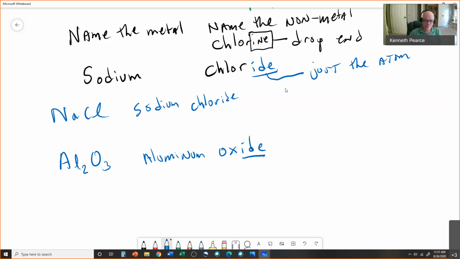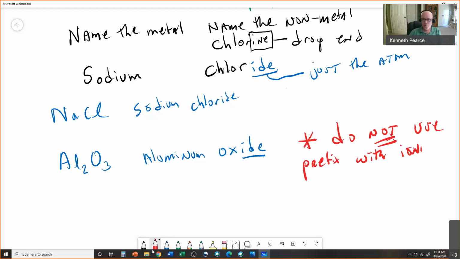Now note, do not use prefixes with ionics. In other words, this is not dialuminum trioxide. No dis and tris and tetras and whatever.